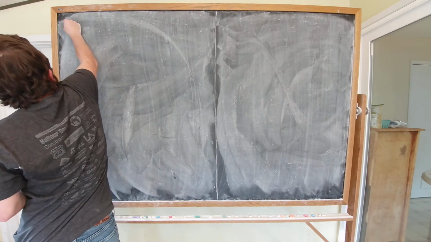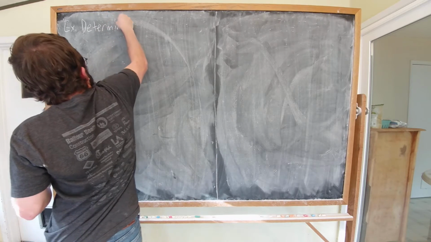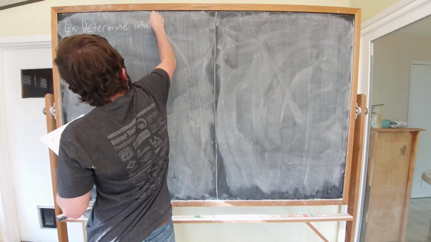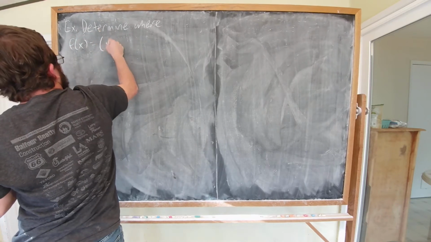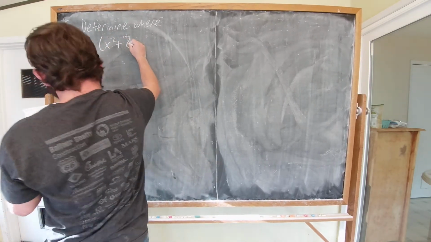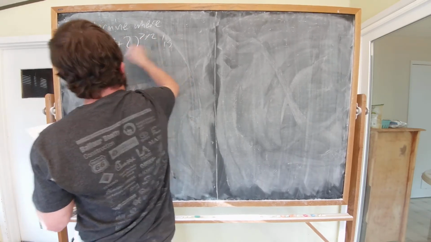Let's determine where f of x equal to (x squared plus 2) to the 7/2 power is concave up or down.